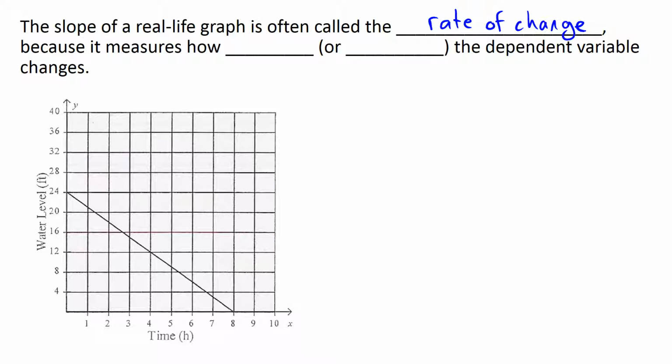It's because it measures how quickly or slowly the dependent variable changes, or the y variable, we often call it. So you can see in this graph here that the slope, which is going to tell us the rise, or in this case the fall, over the run, is basically telling us how much time it takes to drop a certain water level.